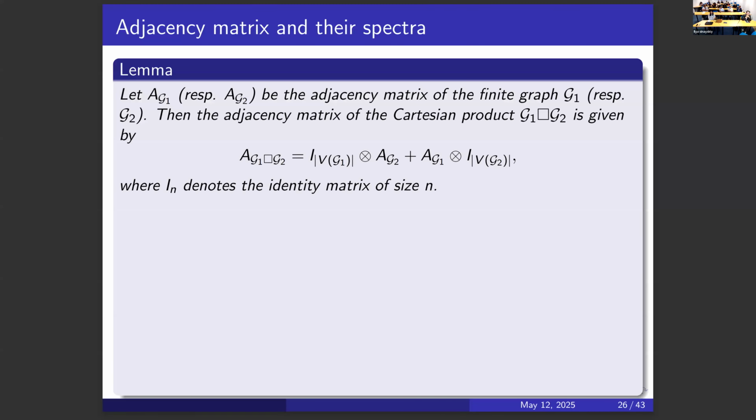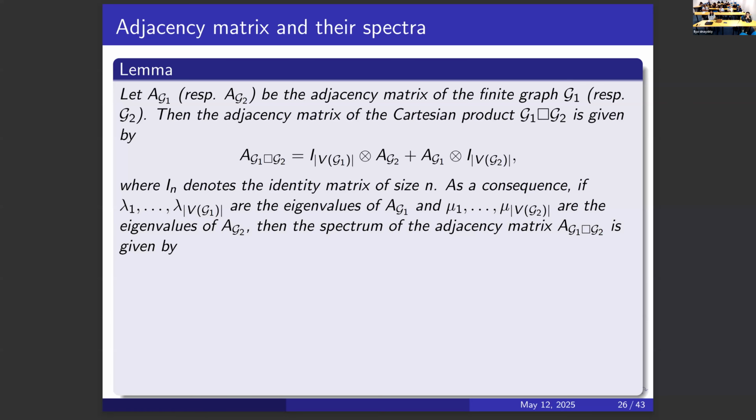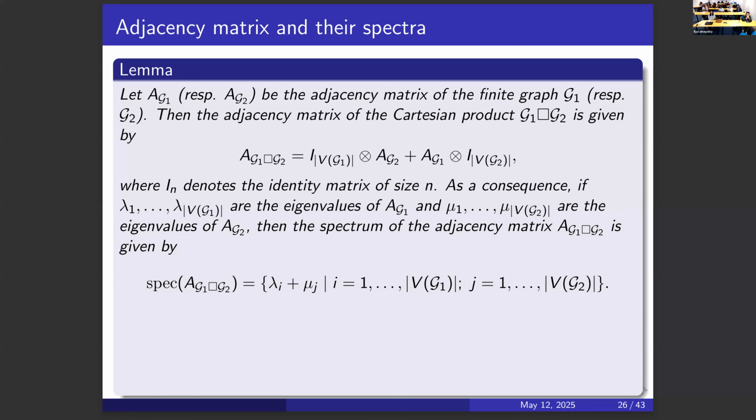Now, there's a simplified way of calculating the adjacency matrix of the direct product of graphs, which involves breaking it up in terms of the adjacency matrix of each factor and the identity matrix. There's also a way of calculating the spectra of such a product: you just add up the individual spectra, and then you get all the spectra of the direct product of the graphs.